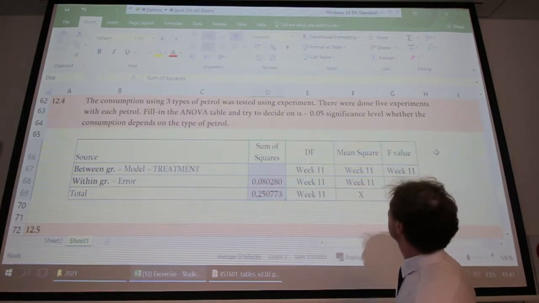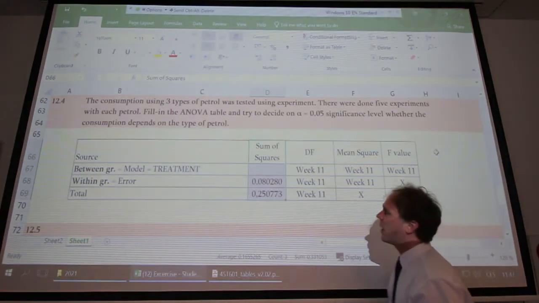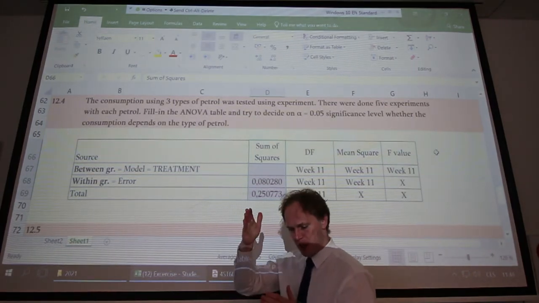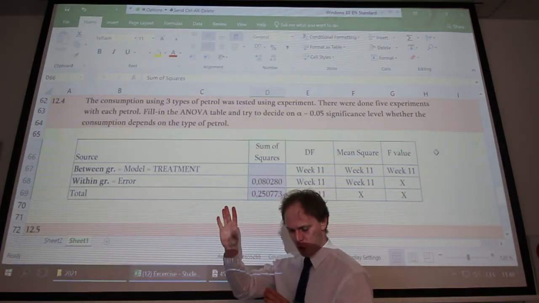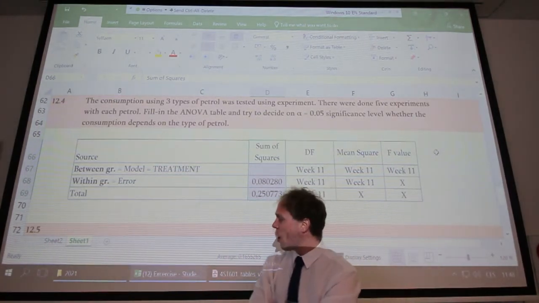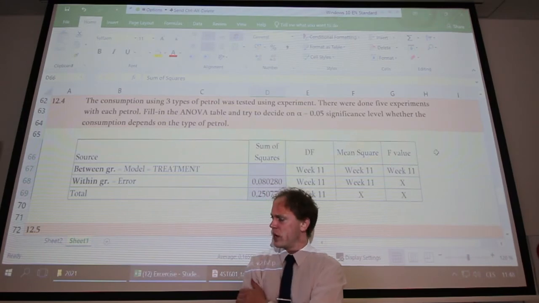We will use the 5% significance level, and we will run the hypothesis test, where mu1 is equal to mu2, which is equal to mu3. The average consumption of Shell is equal to the average consumption of Agip, and this is equal to the average consumption of OMV.